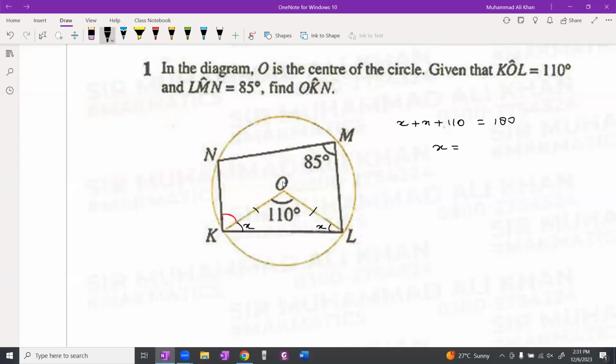What will be the value of X? 180 minus 110 divided by 2. It is 35. ये 35 हुआ. It is a cyclic quadrilateral, opposite angles K plus M equals to 180. Let's say this is Y. K is Y plus 35 plus 85. M equals to 180. What is the value of Y? It will be 180 minus 85 minus 35. The value of Y is of 60 degrees.